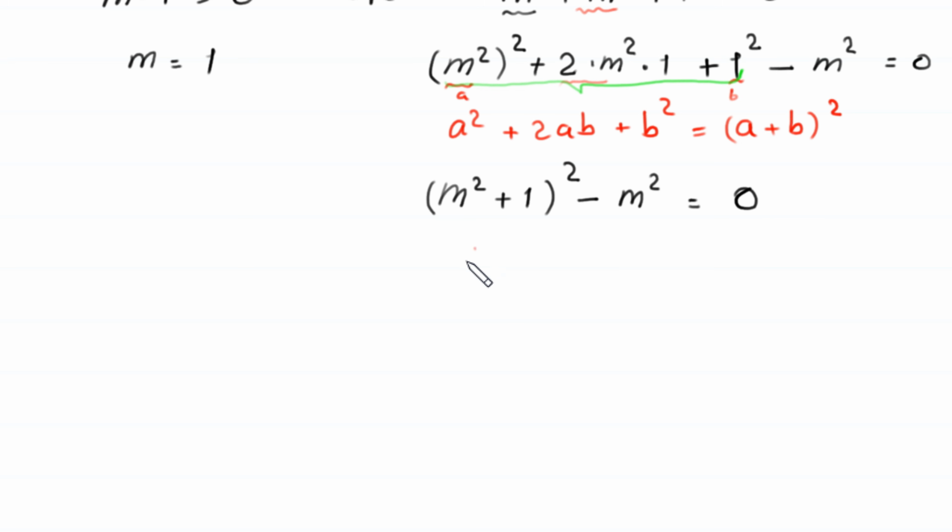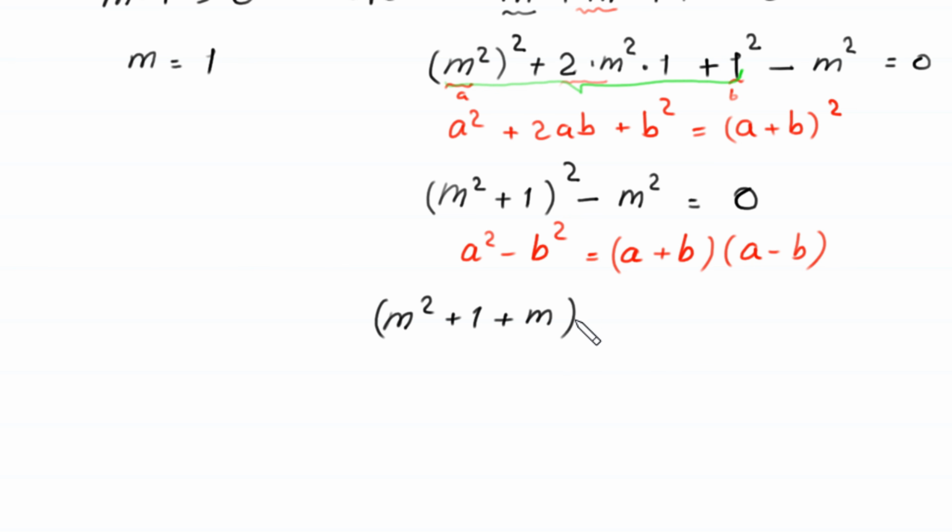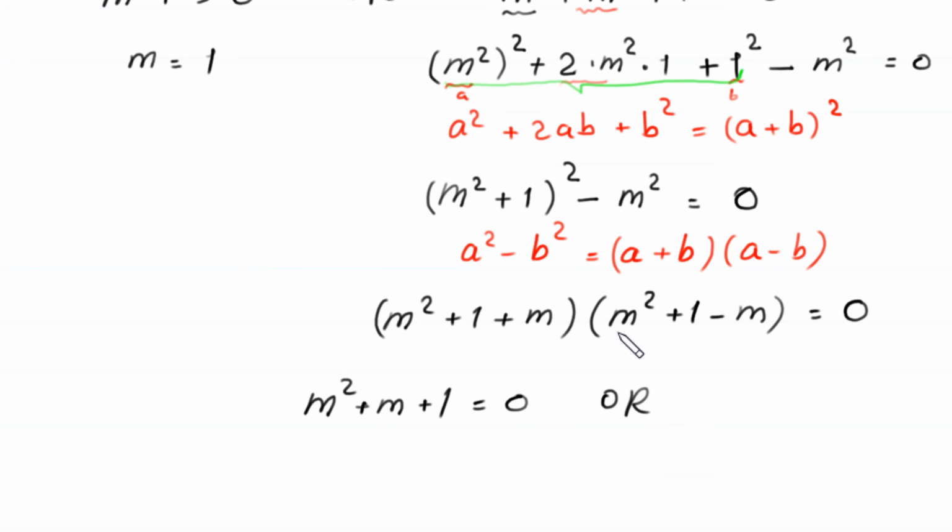So by using this algebraic identity, a squared minus b squared is equal to (a plus b) times (a minus b), this will become (m squared plus 1 plus m) times (m squared plus 1 minus m) is equal to 0. From here, either m squared plus m plus 1 is equal to 0 or m squared minus m plus 1 is equal to 0.